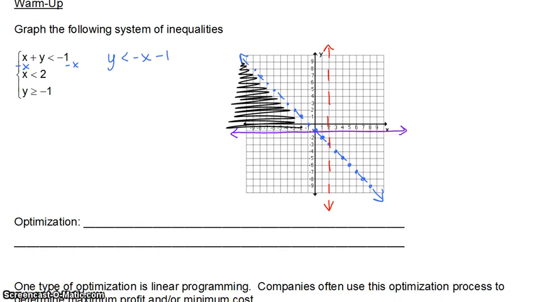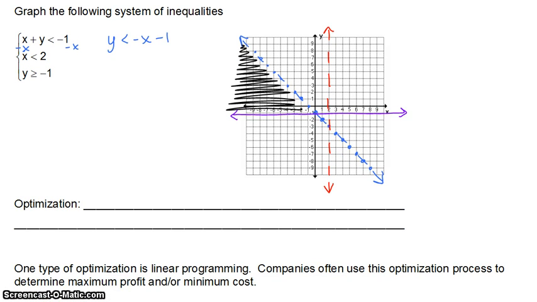So a new terminology for you is optimization. Optimization is finding the maximum and or minimum value of some quantity. And this is going to be one of those, when am I going to use this kind of stuff? Optimization is used a lot by companies.